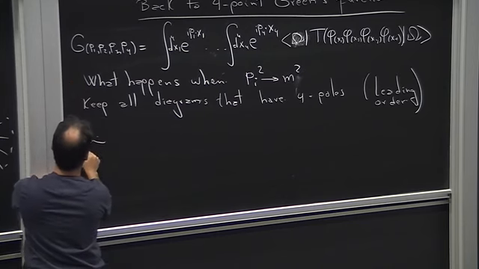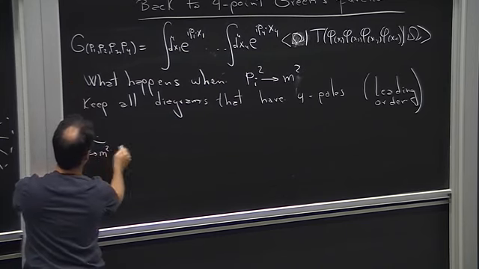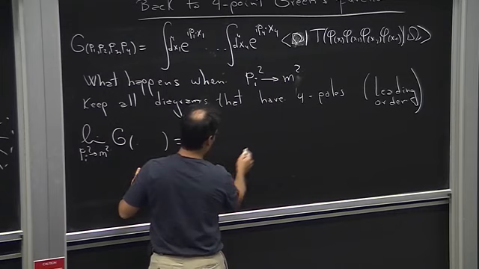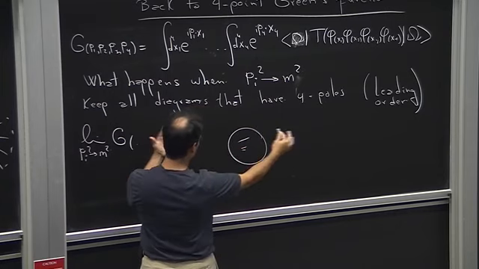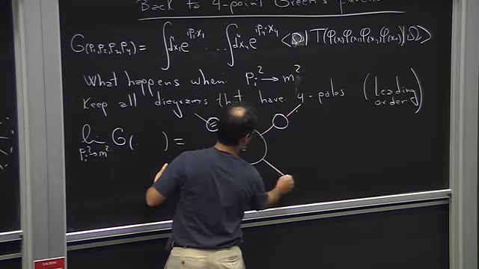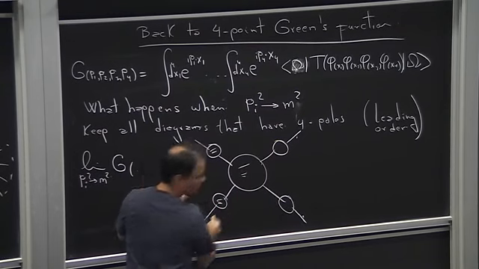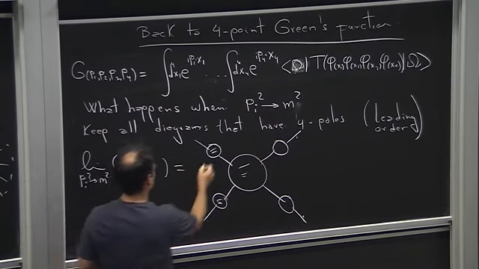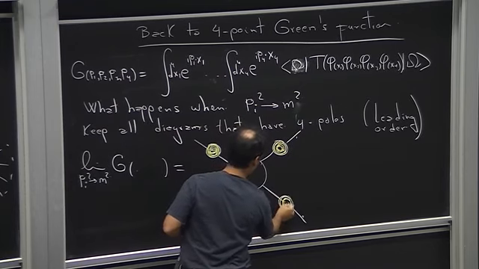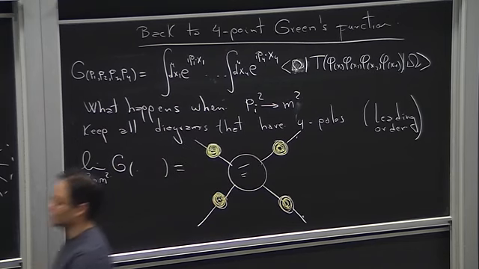So when we take this limit of all p_i squared going to m squared of our 4-particle Green's function, what's going to happen is that we're only going to keep all the diagrams that contain one of these propagators, or our 1-point Green's function.